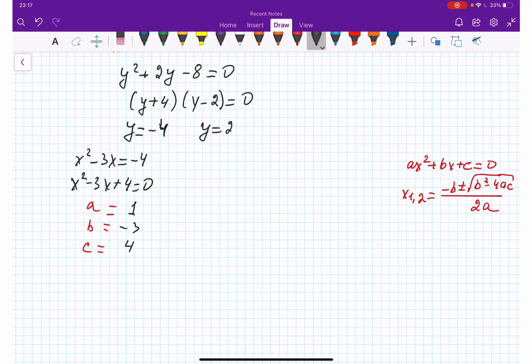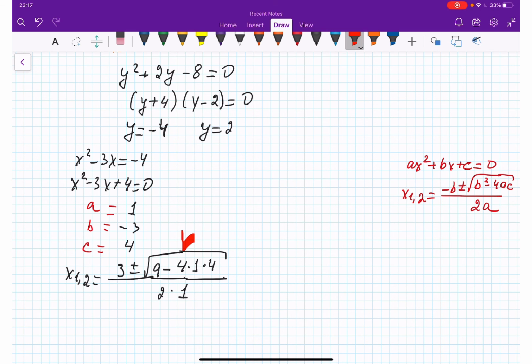And from here, x1,2 is equal negative b, which will be positive 3, plus minus square root of b squared, which is 9, minus 4 times a times c, divided by 2 times 1. So what do we get here? We get here 9 minus 16.